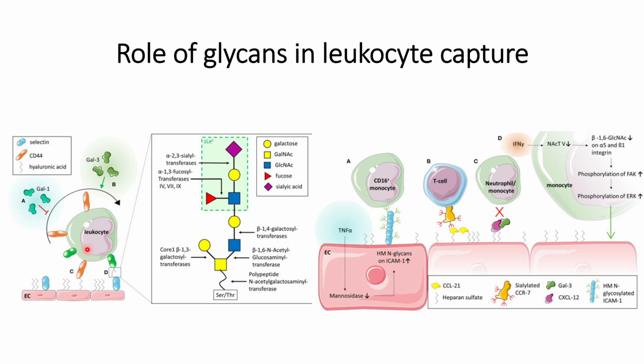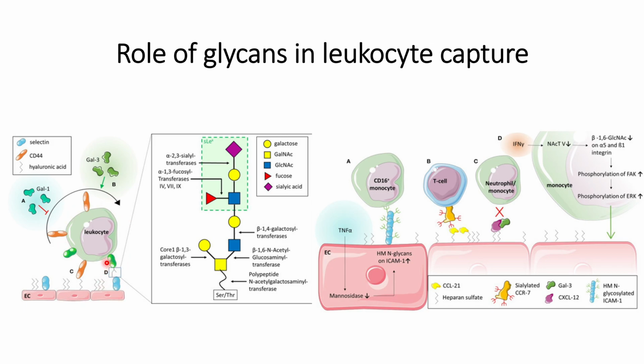And at the same time there is hyaluronic acid. When it interacts with these leukocytes, it helps the leukocytes capture, or it reduces the rolling speed of the leukocytes and helps in the capture of these leukocytes to the endothelial cells.